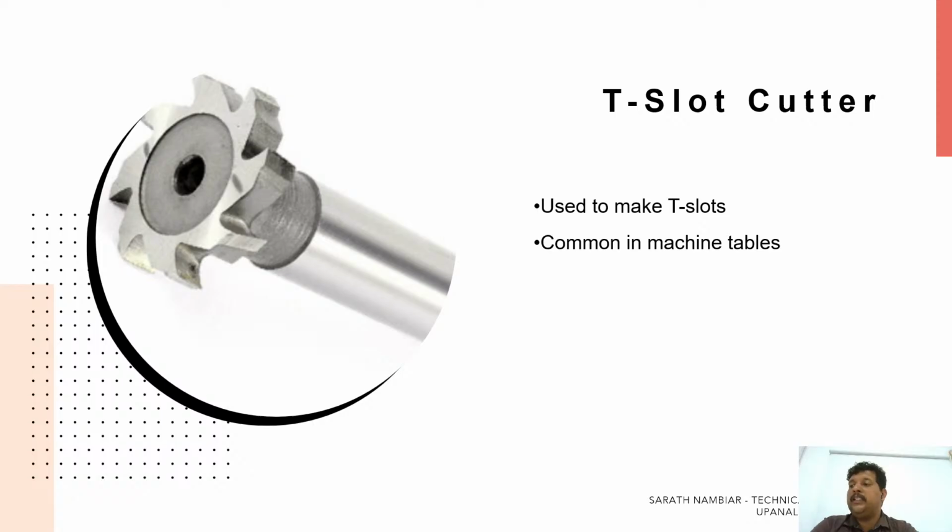Now, this special shape cannot be made with normal tools. So we use a T-slot cutter. It creates the undercut shape. This is mostly used in milling machine tables, fixture plates, or some clamping plates. So wherever you see a T-slot, remember that it is made using a T-slot cutter.